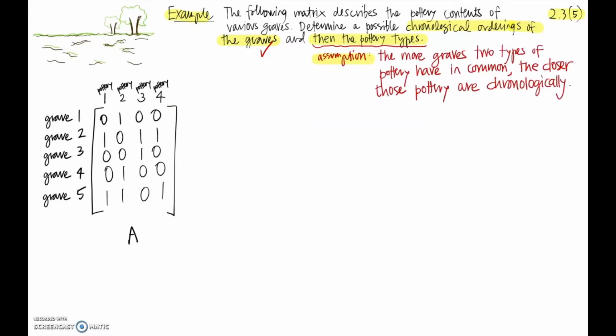At this point, this seasoned archaeologist makes this important assumption, which is that the more graves that 2 types of pottery have in common, the closer those pottery types are chronologically.